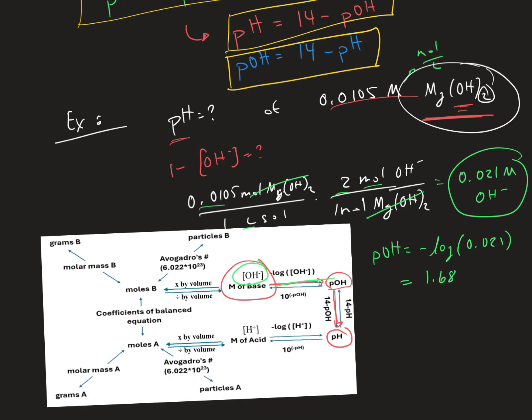You with me? Any questions so far? Now, we need to find pH, so we've got to do 14 minus the pOH. So it's 14 minus 1.68, and that's going to be 12.32.